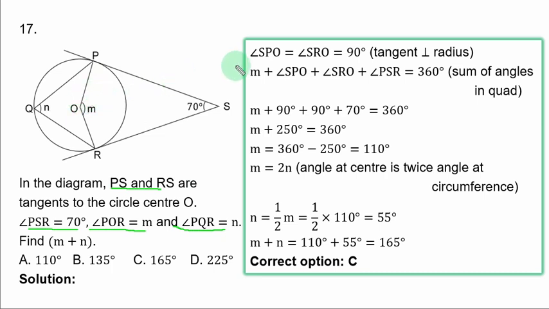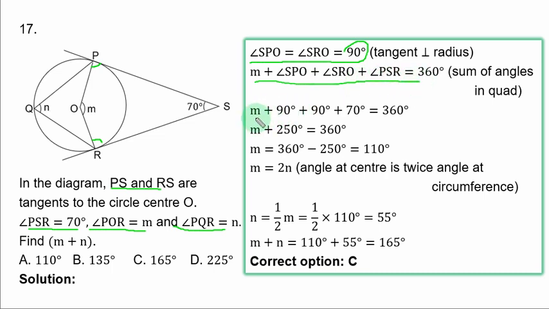For that reason, angle SPO is equal to angle SRO equal to 90 degrees. That is this angle and this angle. If you look at quadrilateral PORS, 4 angles are there and their sum is 360. This is what I'm talking about.